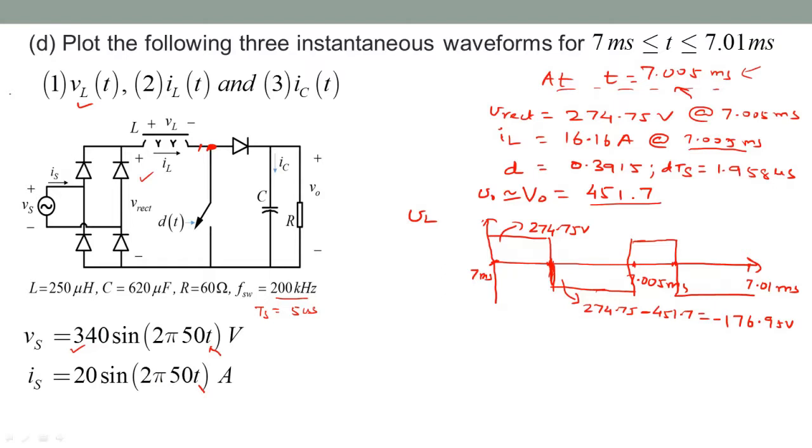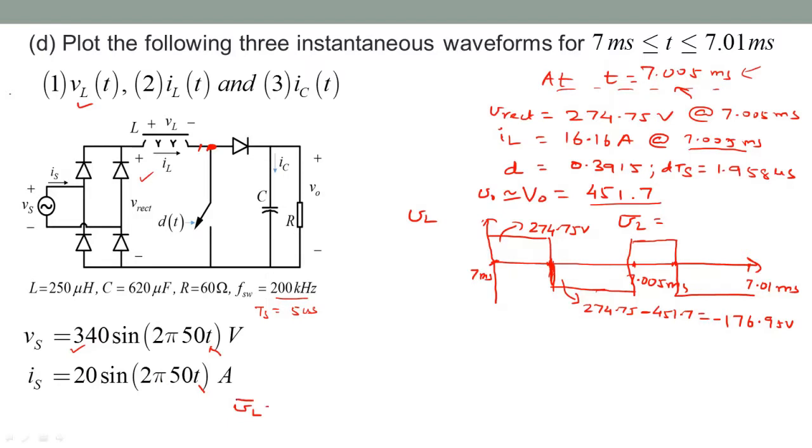Okay, and the average of VL came out to be actually a negative number. I believe it's minus 42 or so. So VL average is, okay, I'll write it over here.